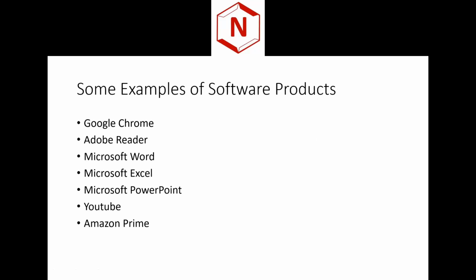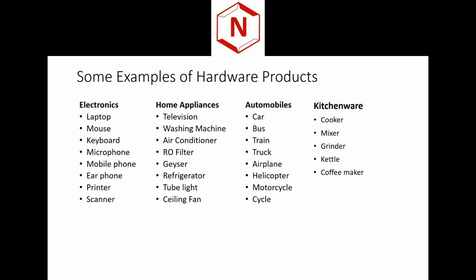Some examples of software products are Google Chrome, Adobe Reader, Microsoft Word, YouTube, Amazon Prime. We will be mainly focusing on hardware products as part of this FDP. In hardware products, we can broadly classify them into 4 categories. There are many other categories, but mainly we are dividing them into electronics, home appliances, automobiles, and kitchenware.